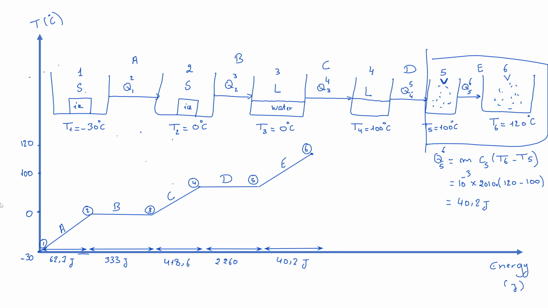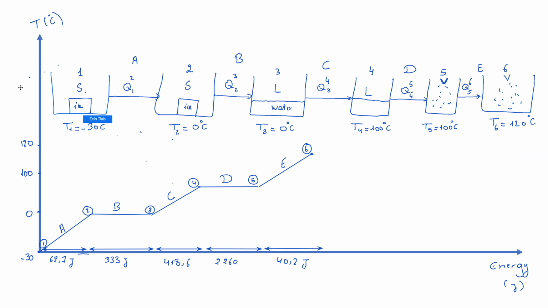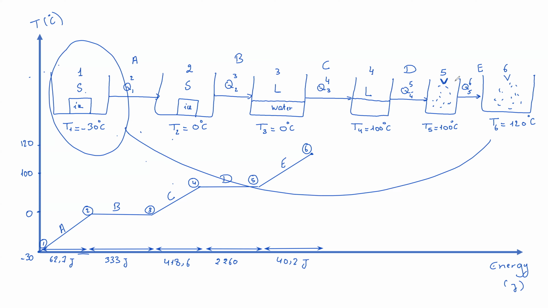So here, to calculate the total energy required to pass from state 1 to state 6, we have to add QA plus QB plus QC plus QD plus QE.